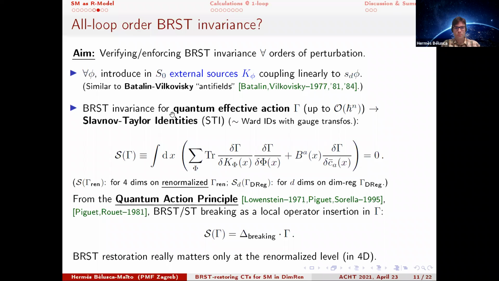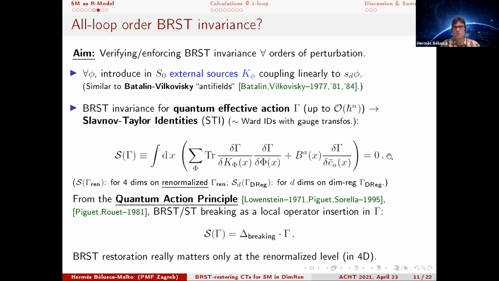Once you have done that, you have the BRS invariance of the theory at any loop order. This is done by looking at the invariance of the quantum effective action for this theory. When you have this invariance, this means that the Slavnov-Taylor identities are satisfied, so some operator acting on gamma is zero, meaning that the variation of the action under this BRS transformation is zero.